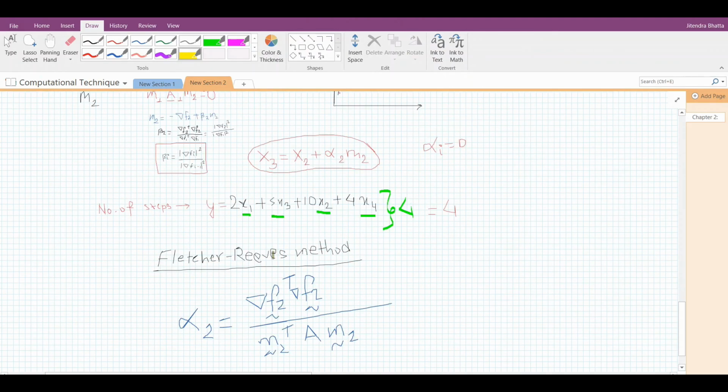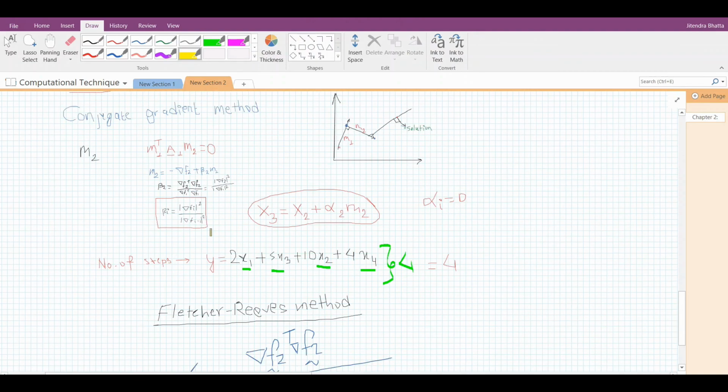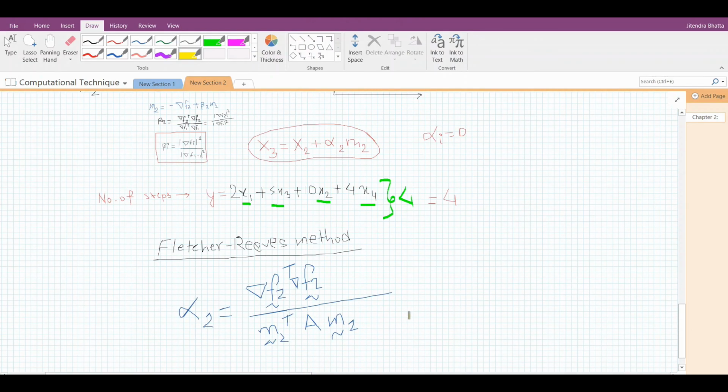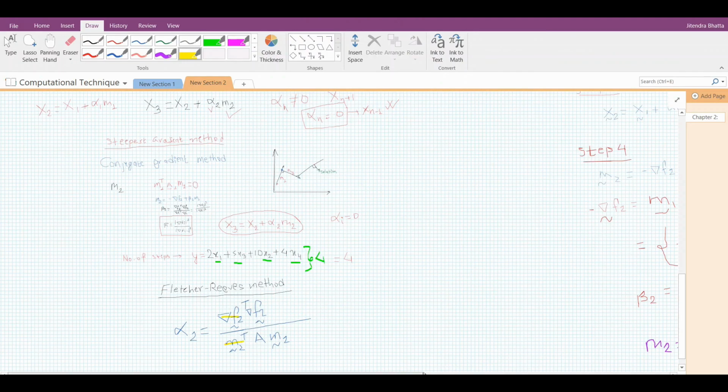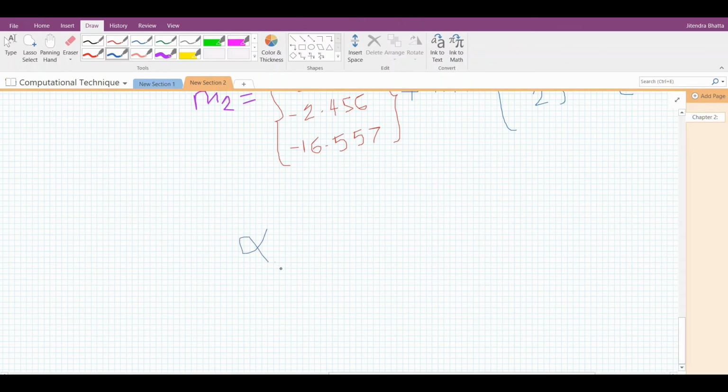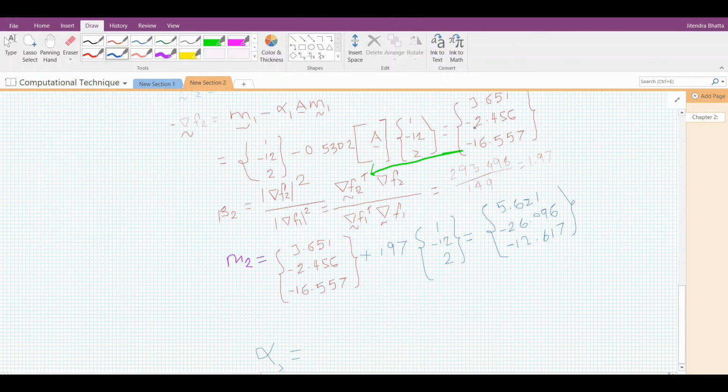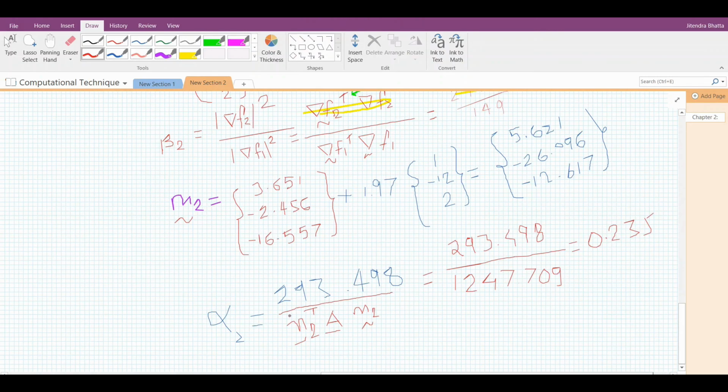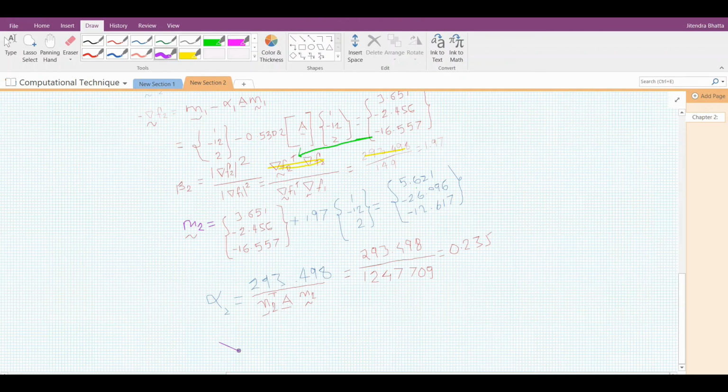But here, this doesn't happen because we're assuming our initial point to be x1 rather than 0, 0, 0. Therefore, this and this will vary. For this case, alpha 2 will be equal to this matrix transpose of itself, which will be equal to same as this one here, and then divided by, now this will be our alpha 2, our x3.